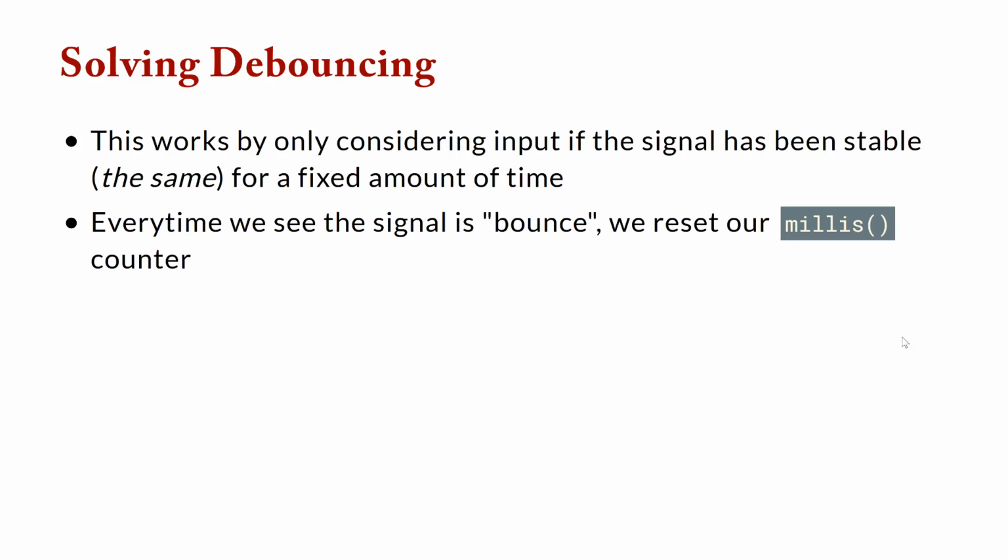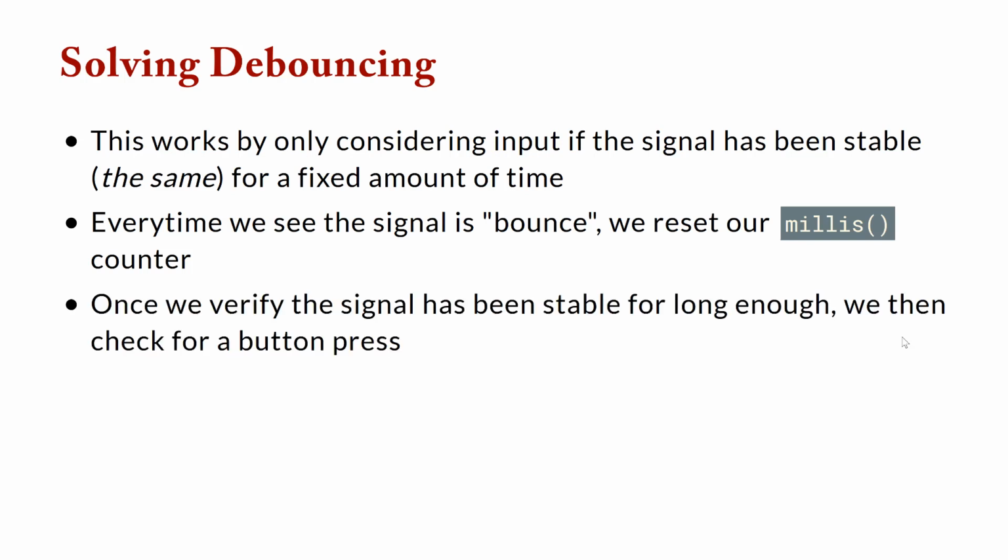If we do see a bounce, meaning we see a change from high to low or low to high, we reset the counter that we're using to say how long it's been stable. So every time we see a bounce, we reset our counter. Once we have a certain window where the signal has been the same, high and high or low and low, for a certain amount of time, then we can check to see if a button has been pressed.